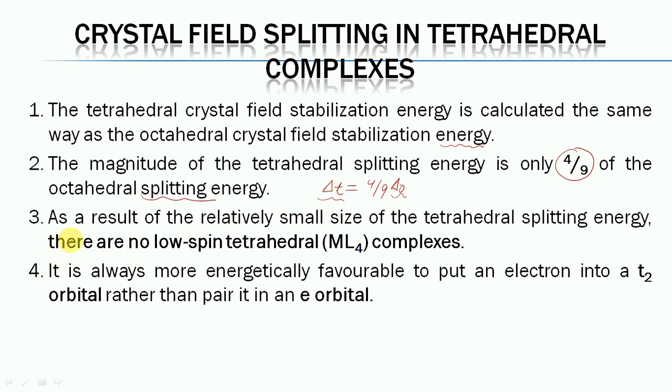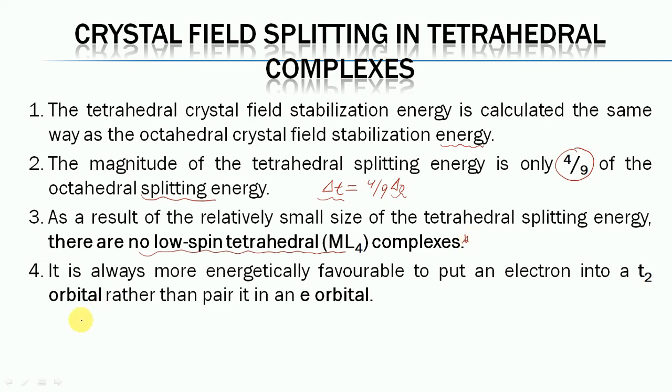Next point: as a result of the relatively small size of the tetrahedral splitting energy, there are no low spin tetrahedral complexes. This is another point which you have to remember.